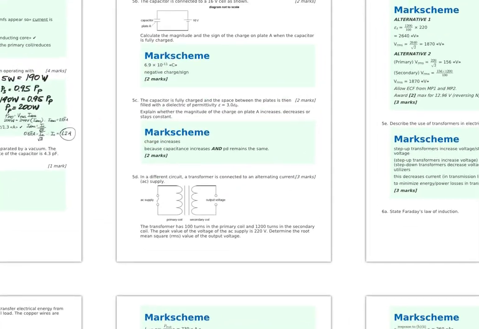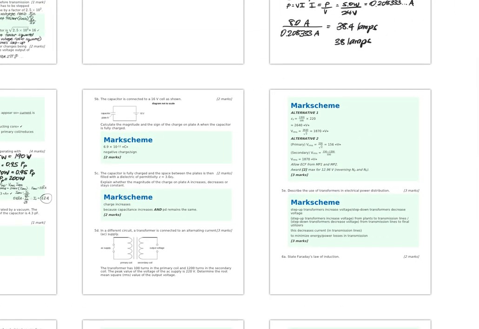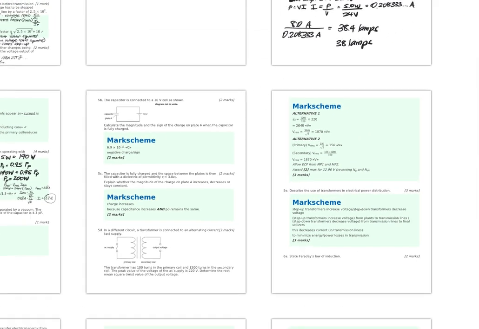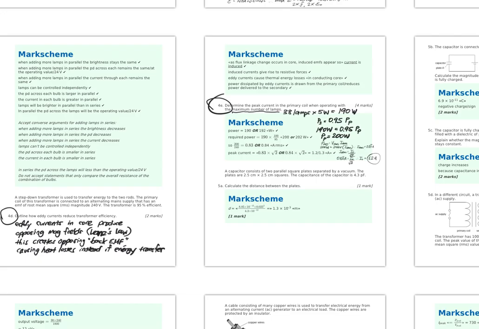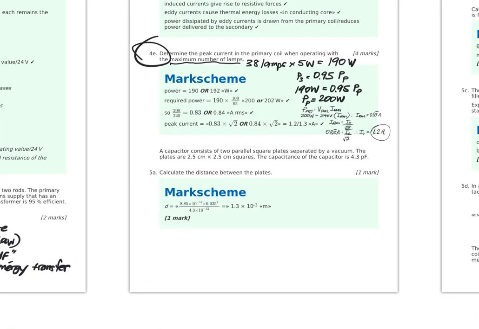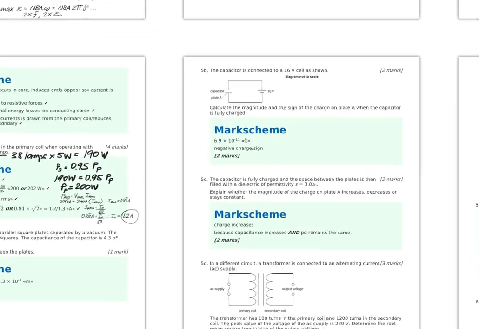Now we're up to number 5, which deals with a bunch of capacitors, but there is a transformer portion of that, and so we'll come back to that. Alright, let's continue on. We have number 5. 5 is talking about a parallel plate capacitor, and so that's 11.3. We don't want to deal with that just yet.